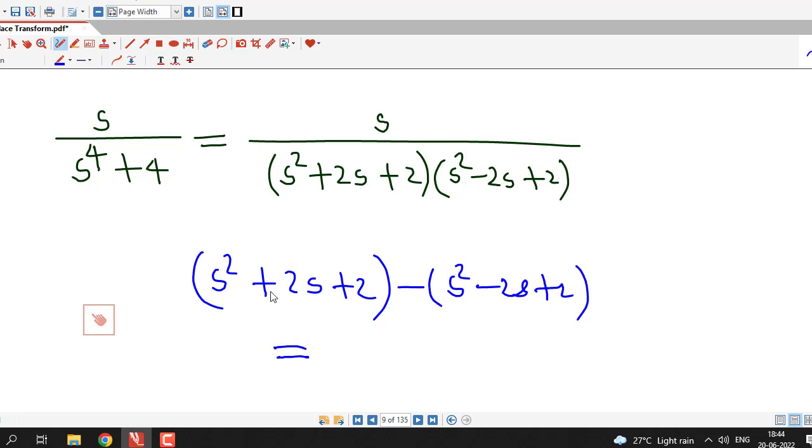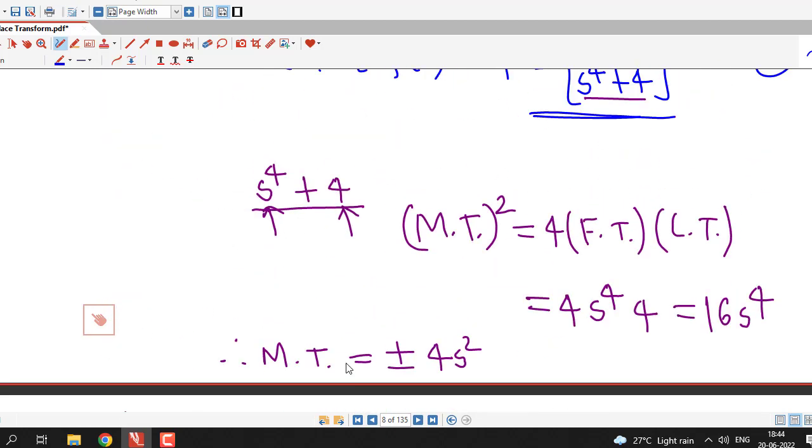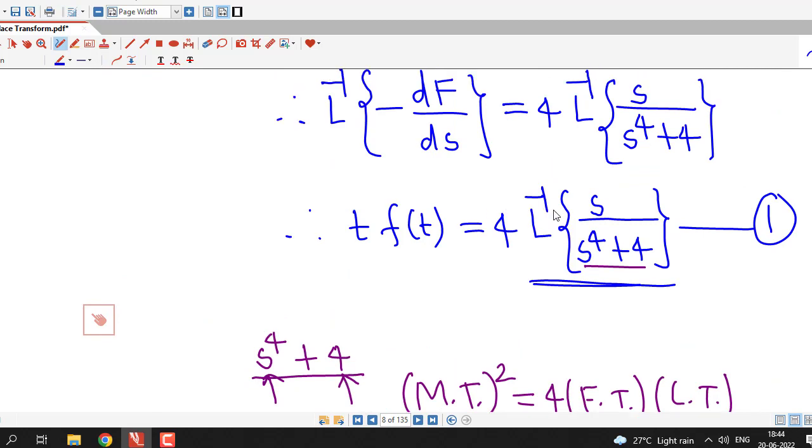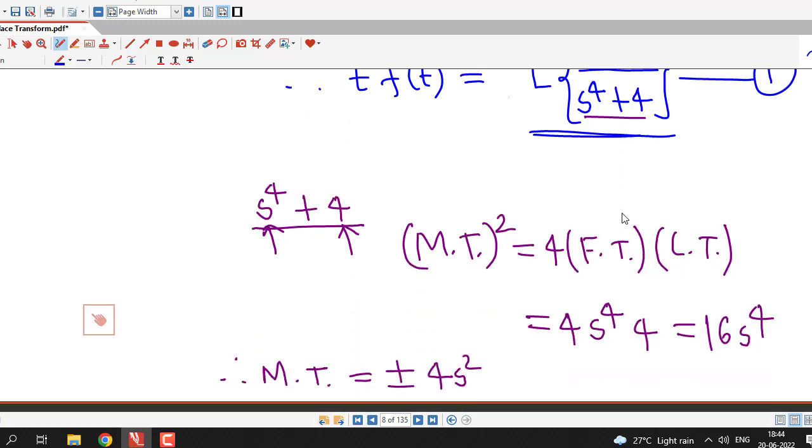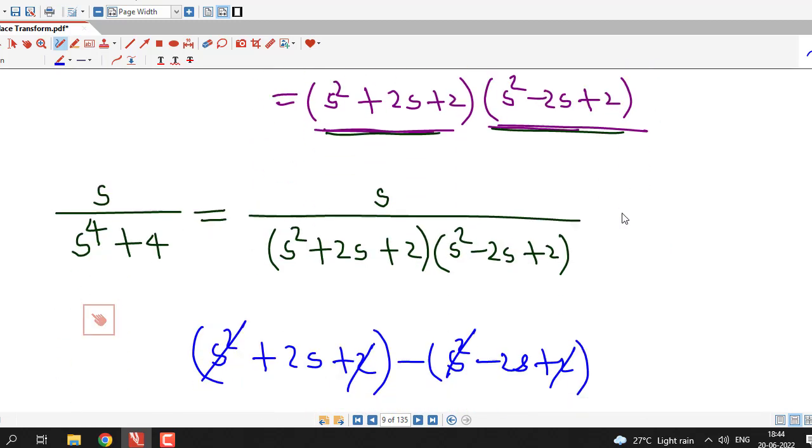So if we take the difference, we can see s square will cancel out, 2 will also cancel out, and we have 4s, and we already have 4 here, so we can consider this 4 inside this, so that we don't have to adjust that 4 also. So we write L inverse of 4s divided by s raised to 4 plus 4.